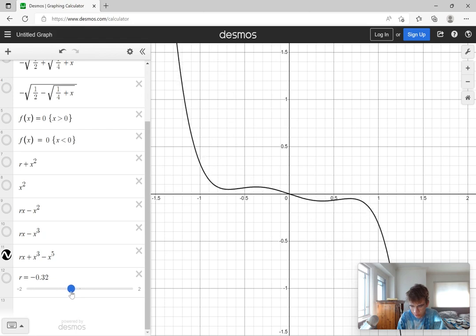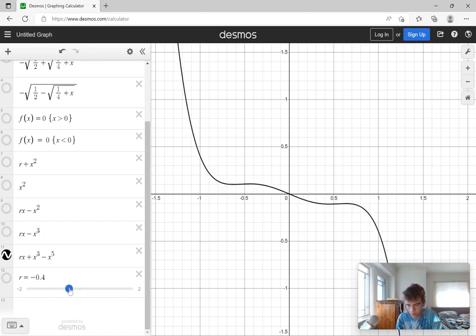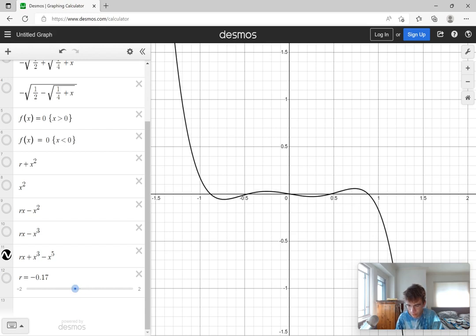So at our first bifurcation point, we can see that these parabolic pieces of this curve begin to intersect the x-axis tangentially. Okay, and that's our saddle node bifurcation, and we go from having one root to having 5.